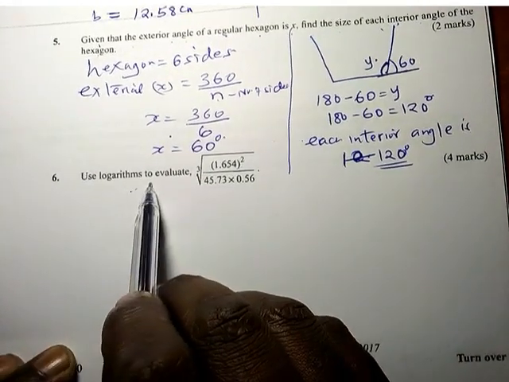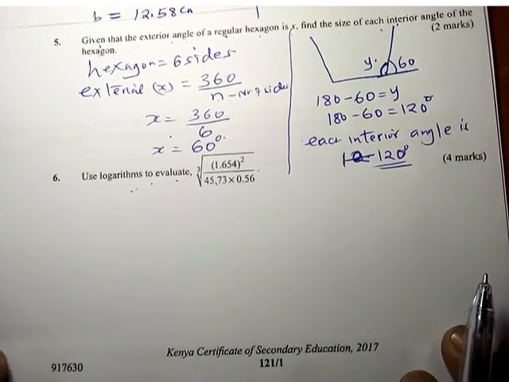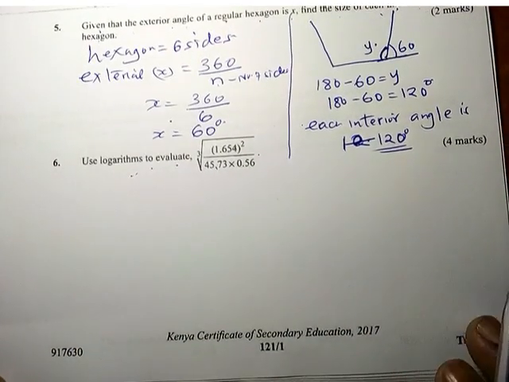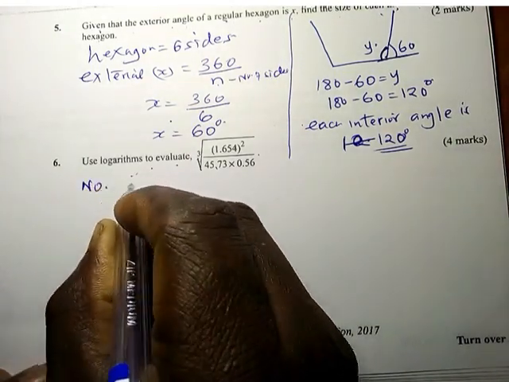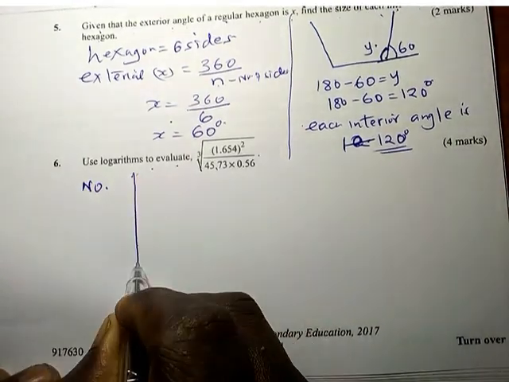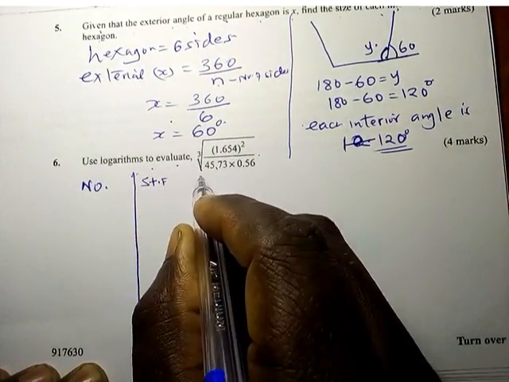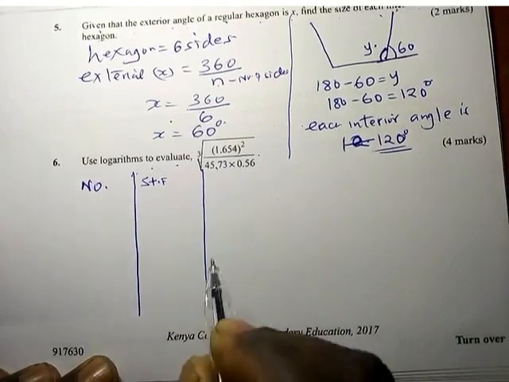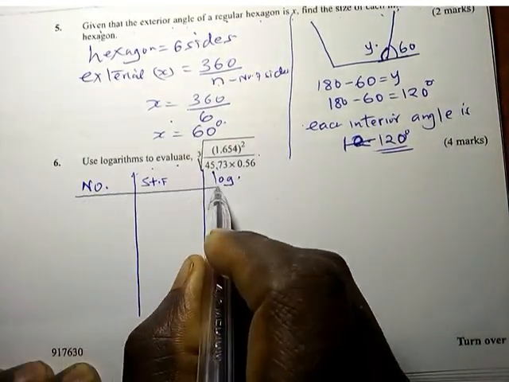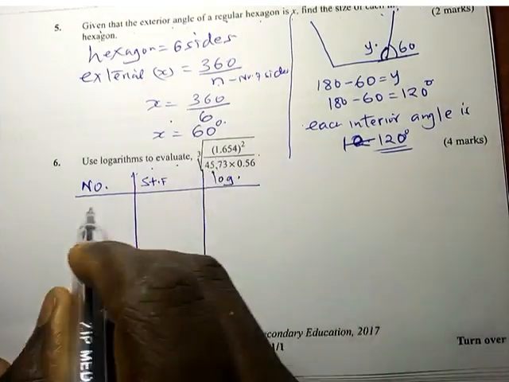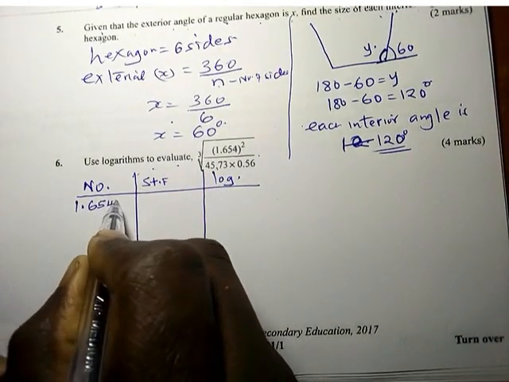Use logarithms to evaluate the cube root of this expression. Now that one you must use logarithms. You first write the number in standard form, and then take the log. The first number is 1.654 squared.